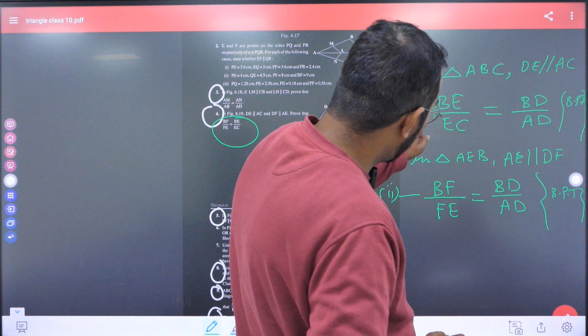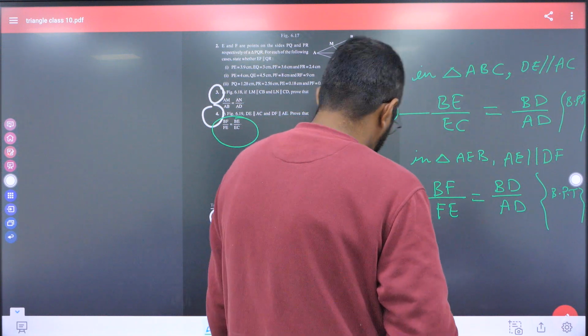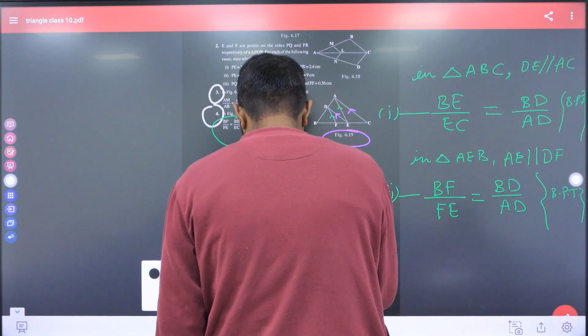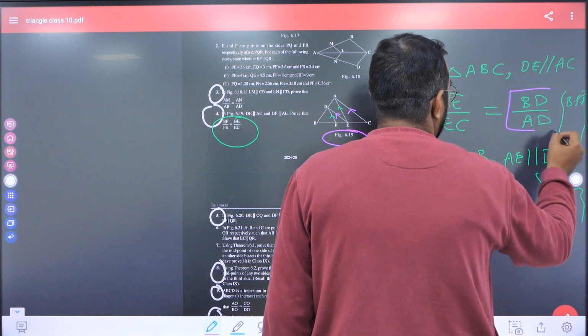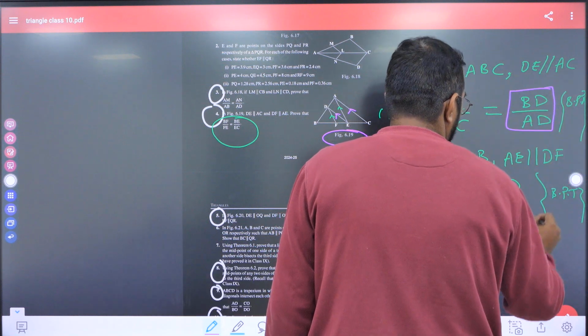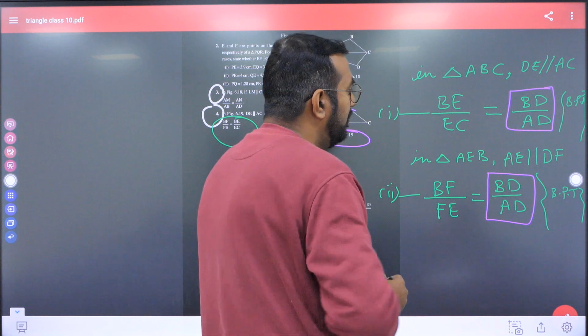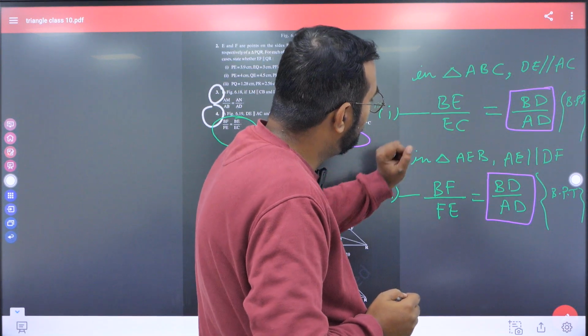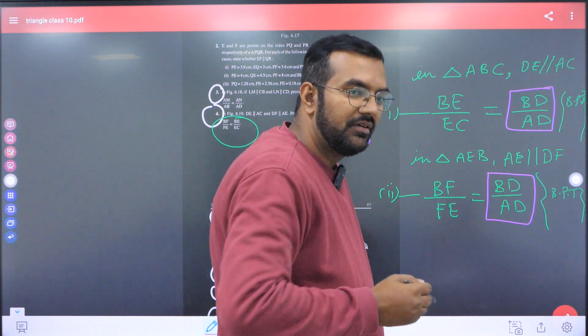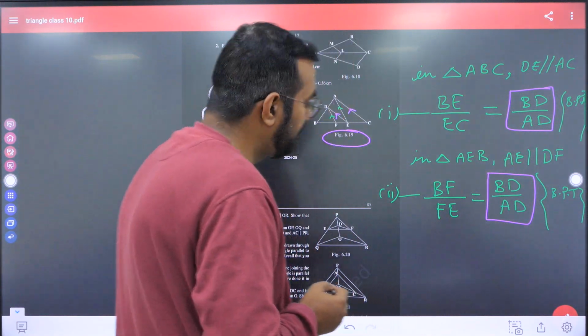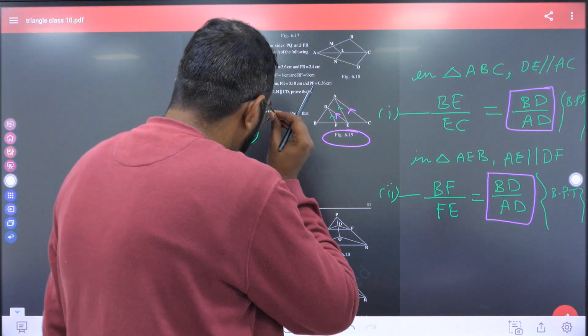By observing equations first and second, you can see that BD upon AD is equal to BE upon EC, and BD upon AD is equal to BF upon FE, right?